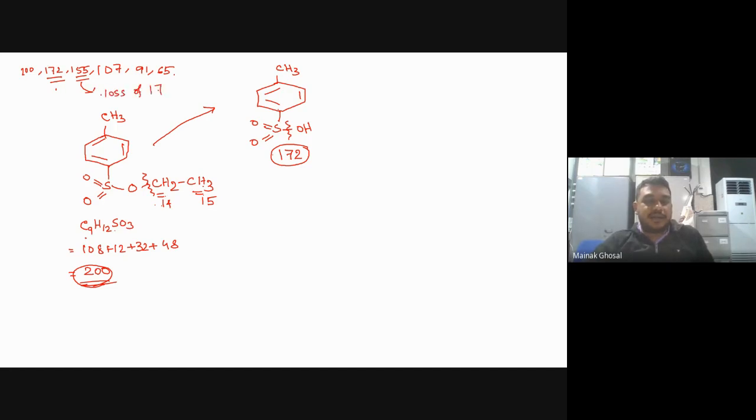Now from here a 17 loss is possible only if you have an oxygen which is 16 and one hydrogen, 17. So one fragment could be like this, SO3. So one fragment will be like this, and it is losing this one. So this one has the charge, and it is 155.